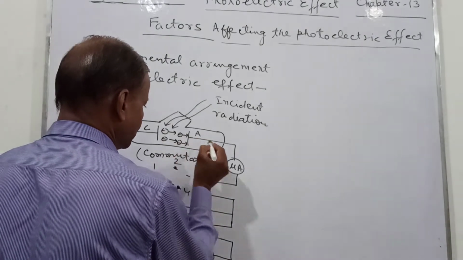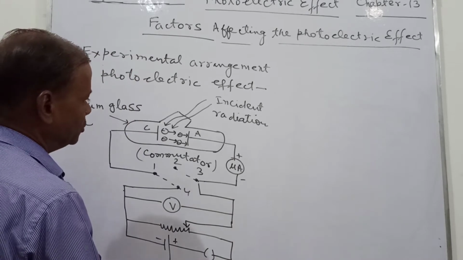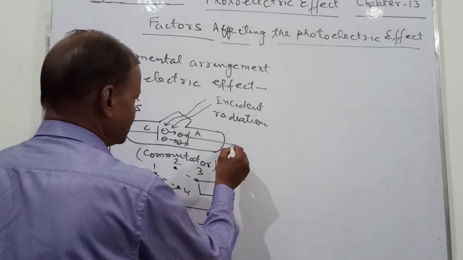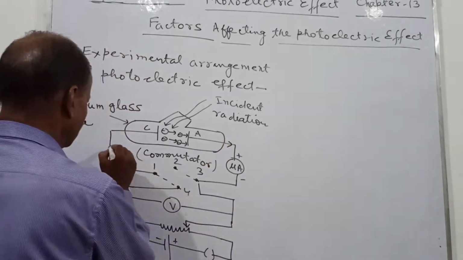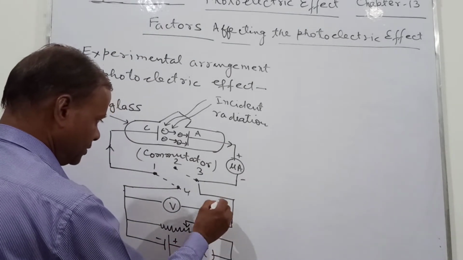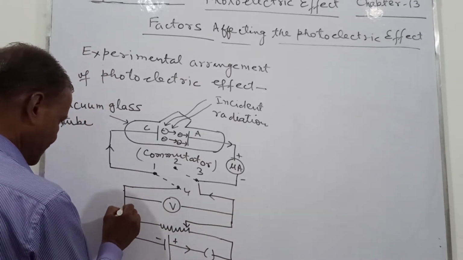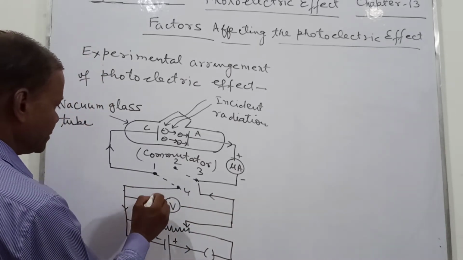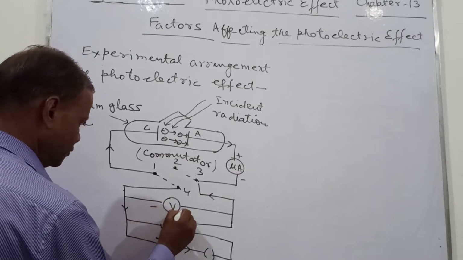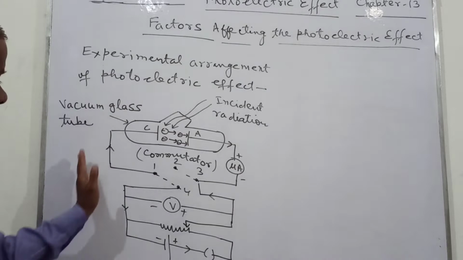This is now positive, this is also positive, and this is negative, so the current goes in this direction. This is your negative, this is your positive. This is the experimental arrangement.